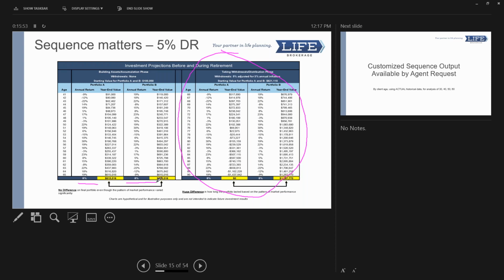If you can average 8%, it doesn't matter the order. You're still going to get to the same result. Conversely, you catch a bad sequence like we're living right now of a -9, -12, -22, you've got nothing left by age 78. If you catch a good sequence, wow, you're partying, right?